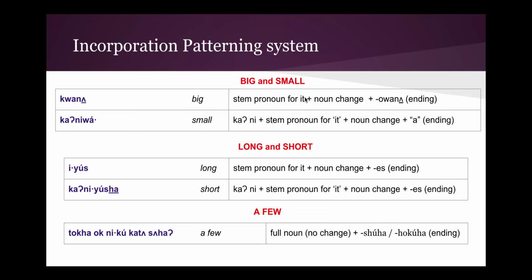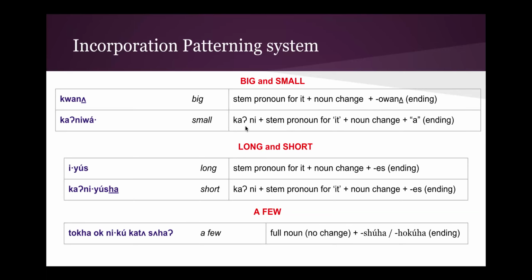And so this column right here shows you kind of like a map of how it's going to look. So when we do this first one, big, the first thing you're going to see is the stem pronoun for it. Then you're going to see the noun. Then you're going to see the ending, which tells us that it's big. And it's the same way as we go along.